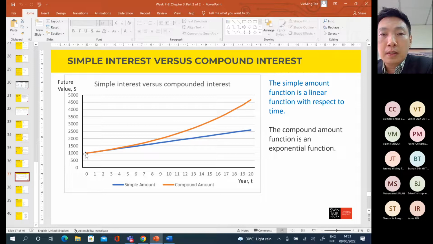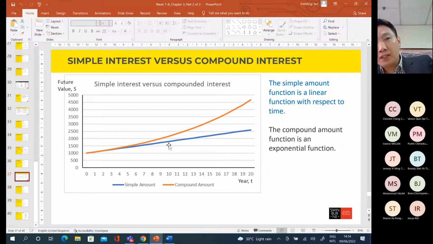Let's say investment 1 is using simple interest with the principal of 1,000, and investment 2 is also $1,000 but is using compound interest. You may find that the future value for compound interest is growing faster compared to the future value of simple interest. For simple interest, it's also growing, but the diagram shows a straight line.